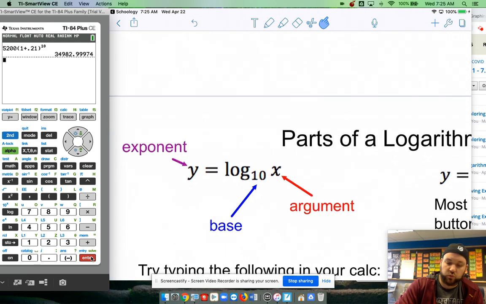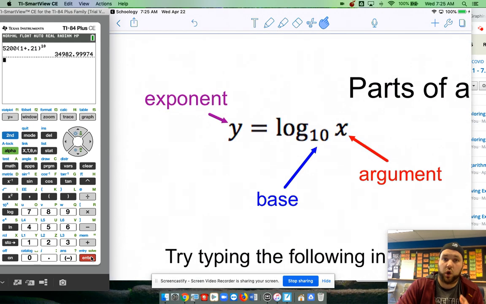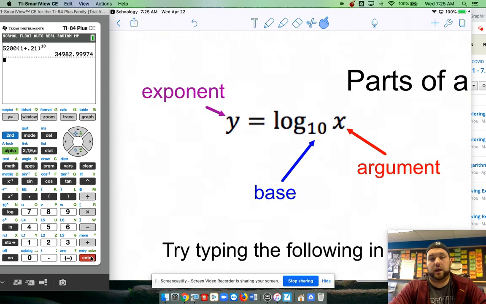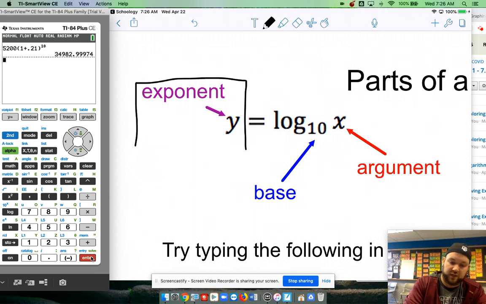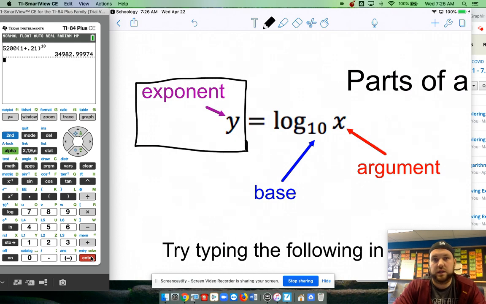So here's what this is going to look like. A logarithm, again, is trying to find a missing exponent. The exponent is the number you are trying to find. So that's why whatever number's all by itself on the other side of the equal sign is that missing power or that missing exponent.